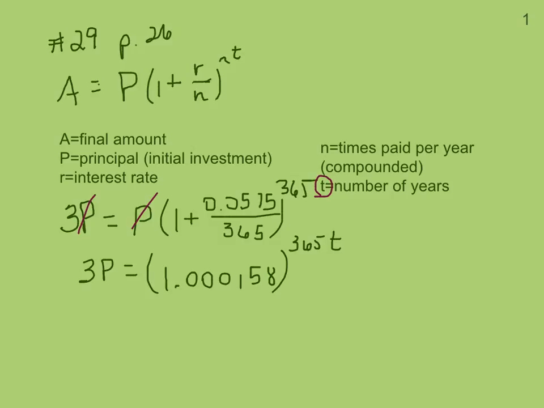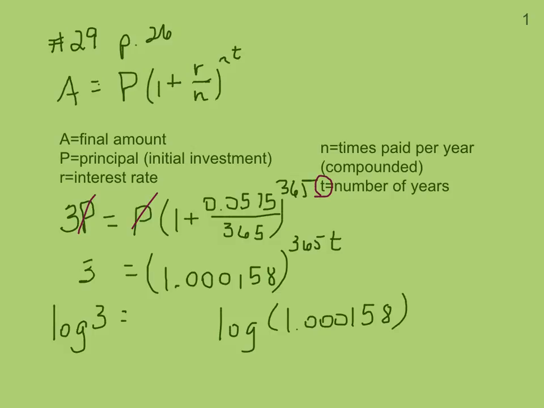Okay. So what we're going to do is solve for t, and we do this by taking the log of both sides. So we're going to say log of, get rid of that P, that was a mistake. We're going to say log of 3 equals log of this really pretty small number.